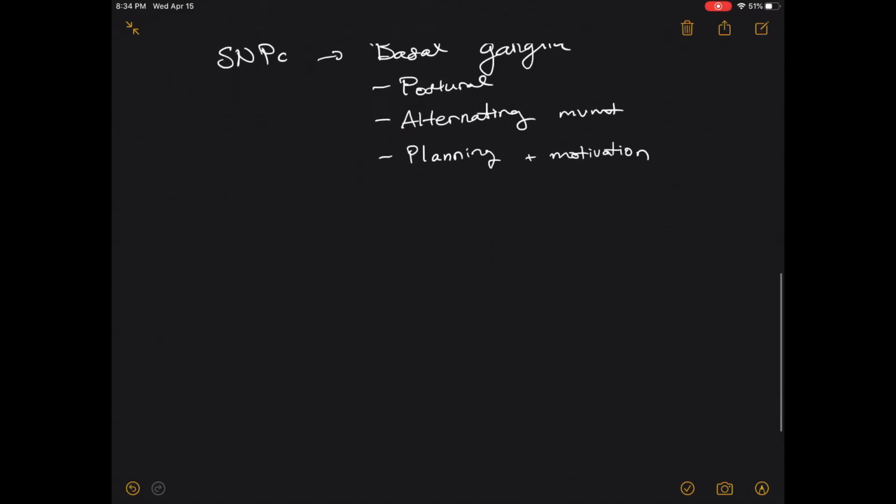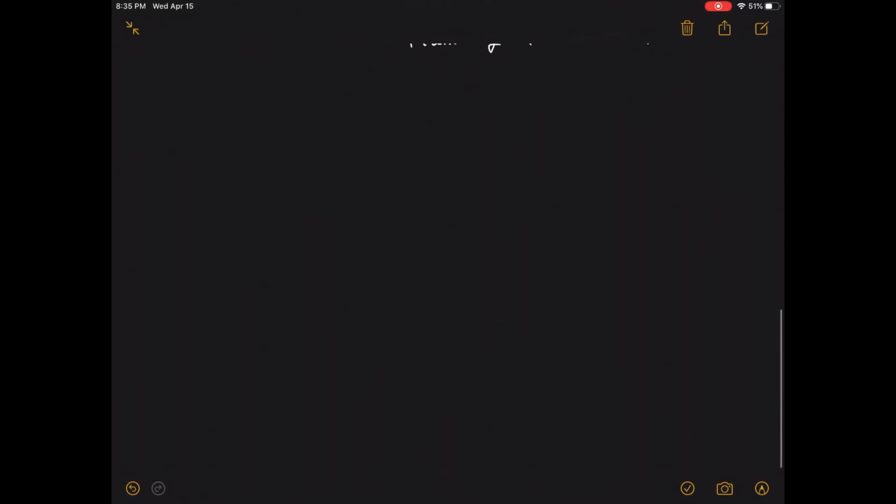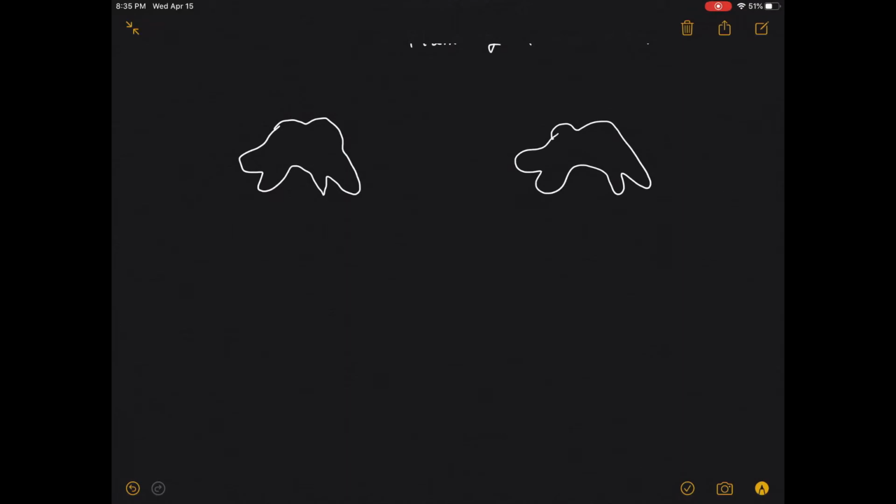Just to give you an idea, I'm going to draw something over here. If we say that this is the basal ganglia, a normal brain would have little bits of dopaminergic cells that are visible, while the Parkinson's brain would have few or nothing at all over here. So I'm just going to write normal.